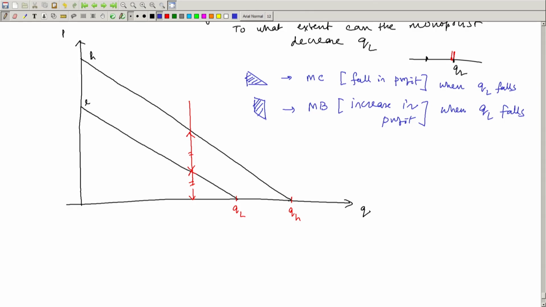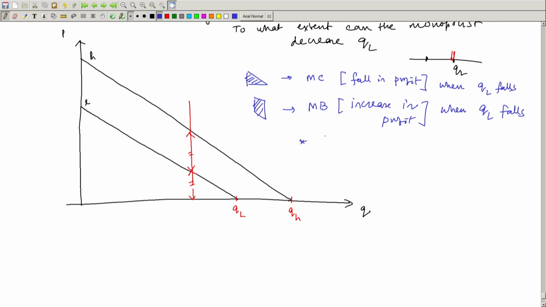So, optimality will require the marginal benefit being equal to marginal cost, right. Just as previously we have seen marginal revenue equals marginal cost corresponds to profit maximization. Each time I decrease the QL, by offering a lower quality to the L type, I ask what is the marginal cost, that is going to be this shaded triangle. I ask what is the marginal benefit, that is the increase in profit.